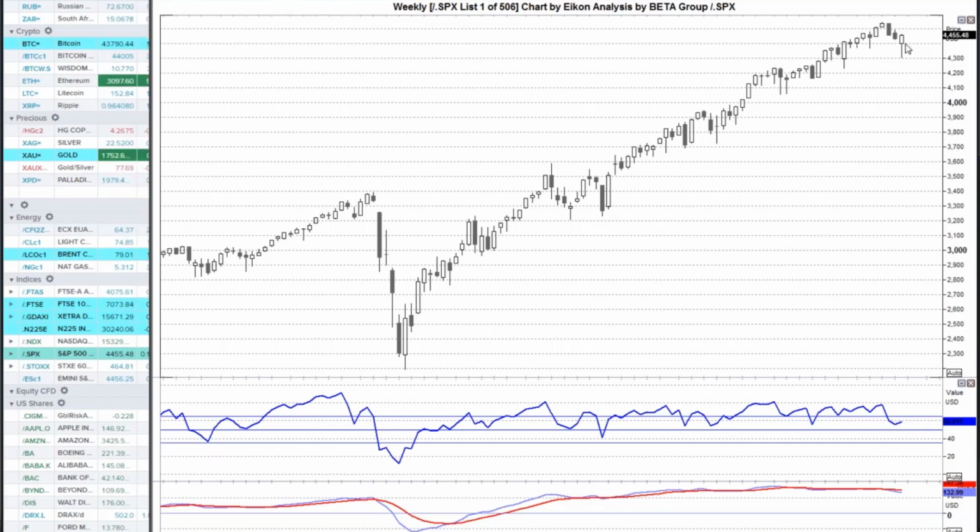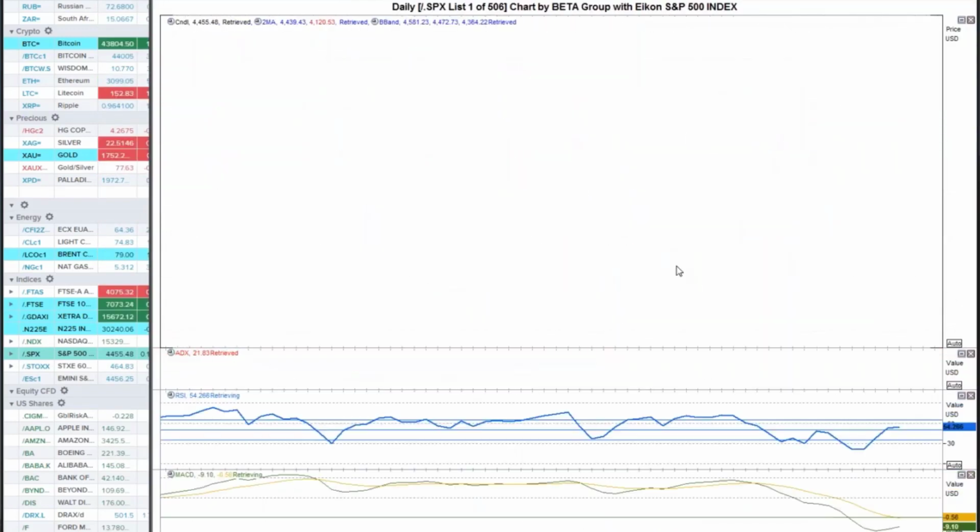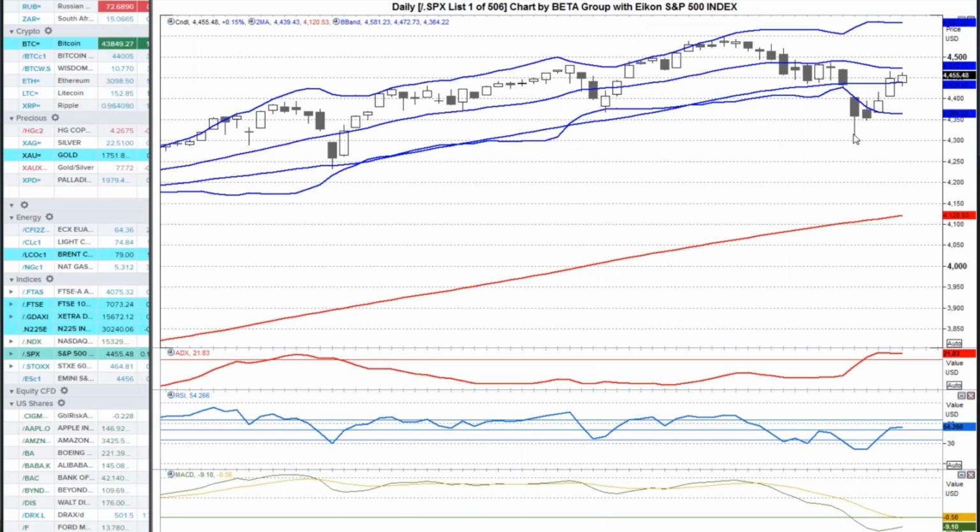But the question is, does this rise mean it's over? Is it just another one of these and we'll be at new highs very soon? We don't really get much of a message from the RSI, which is reading 50 in the middle. The MACD is actually negative. On the daily chart, here's that plunge to just above 4,300 there.